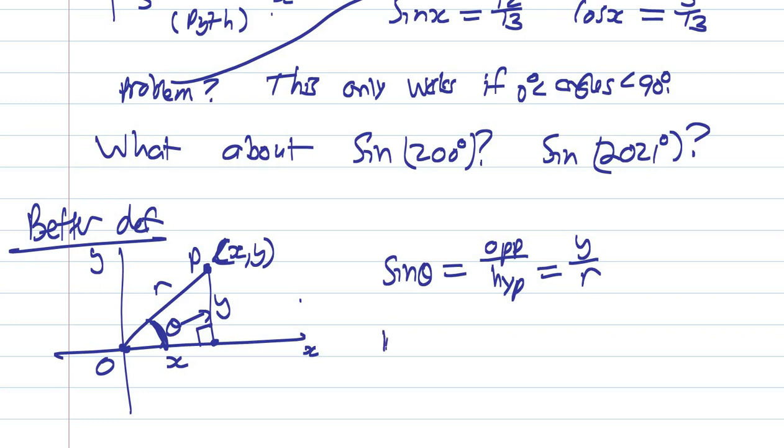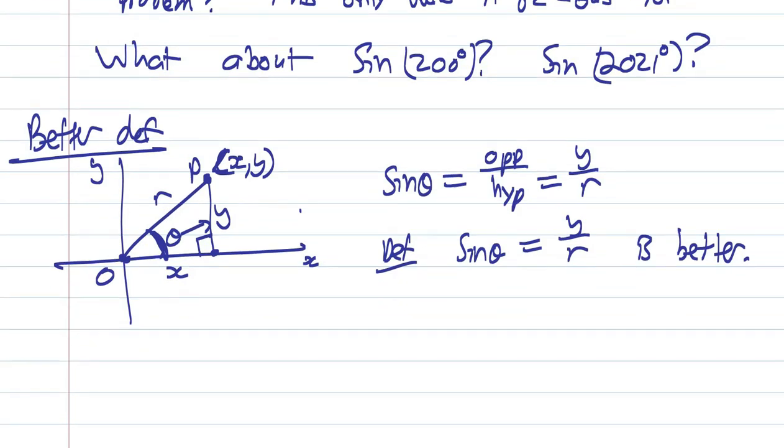Can you guys see that this definition, sine is defined as y over r, is better? Can I get smiley faces that you see this definition is way better? This is way better because now, for example, if you do 200 degrees, you take a ruler and compass and do something like this.